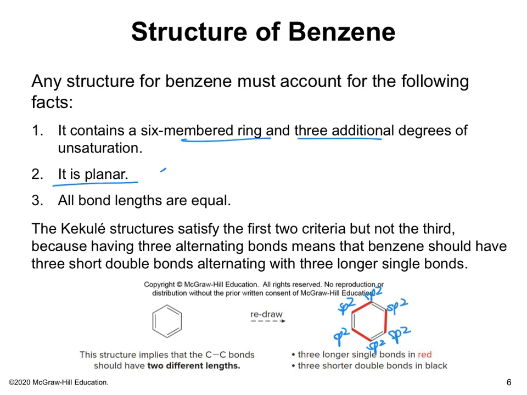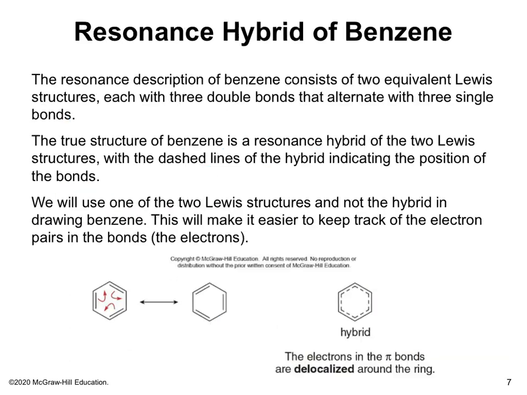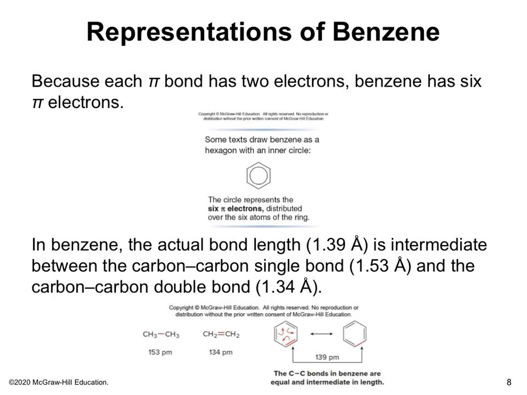And so it's planar, everything's sp2. It is a ring, six-membered ring structure. All bonds are equal length, so even this single bond and the double bond are equal length. So this is benzene. The electrons are delocalized.